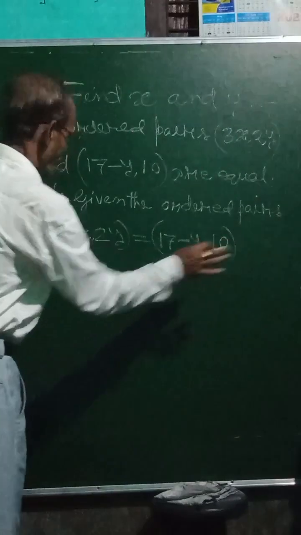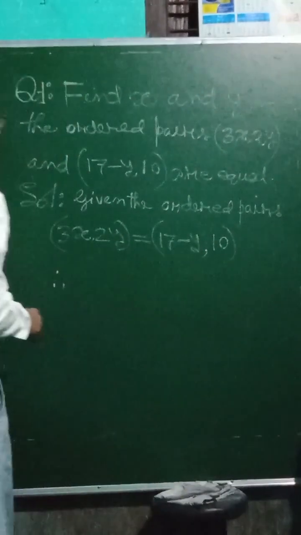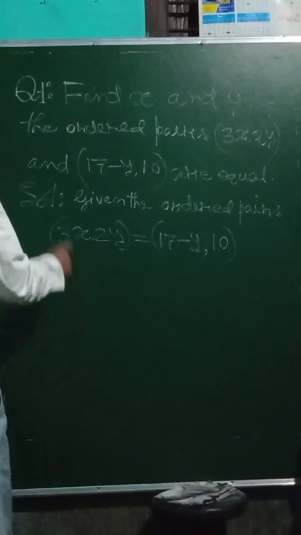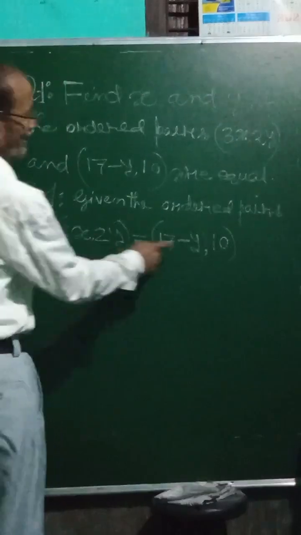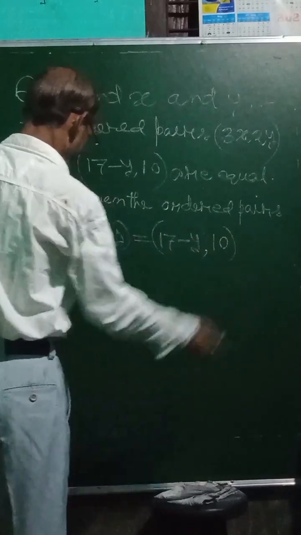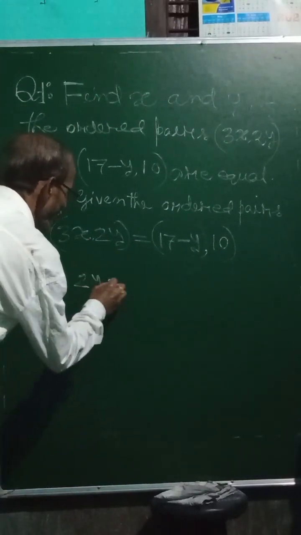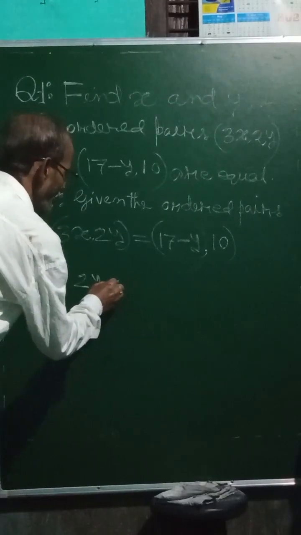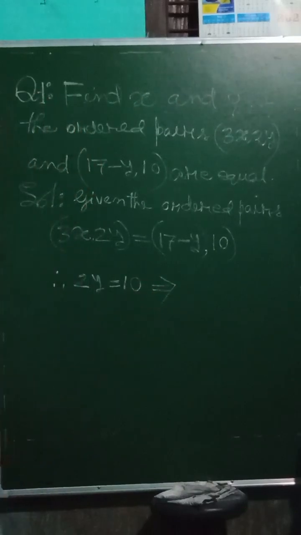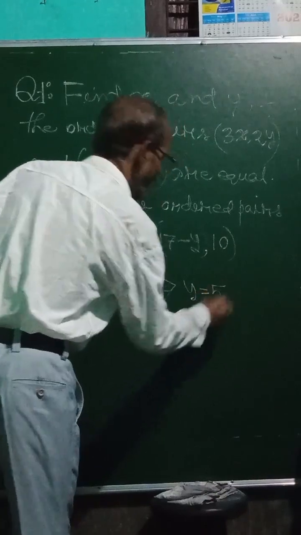Since this equals that, the first element will be equal to the first element and the second element to the second element. But don't take the first one, because x and y are two variables. It is better to take the second element first to get the y value directly. So 2y equal to 10 implies y equal to 5.